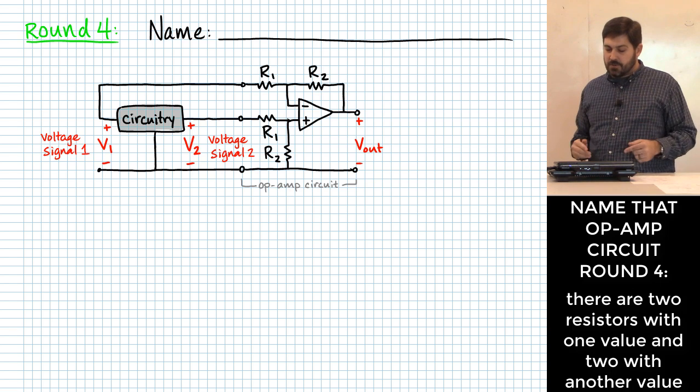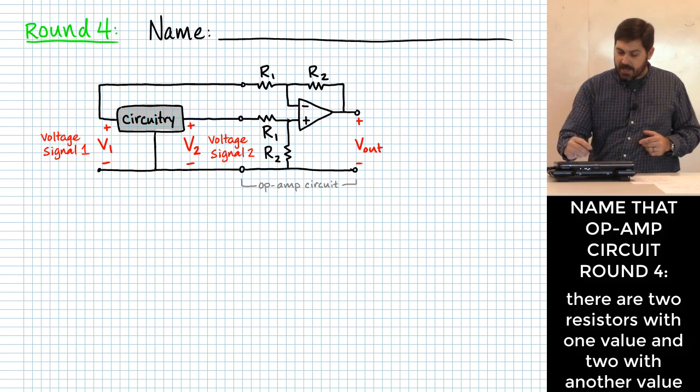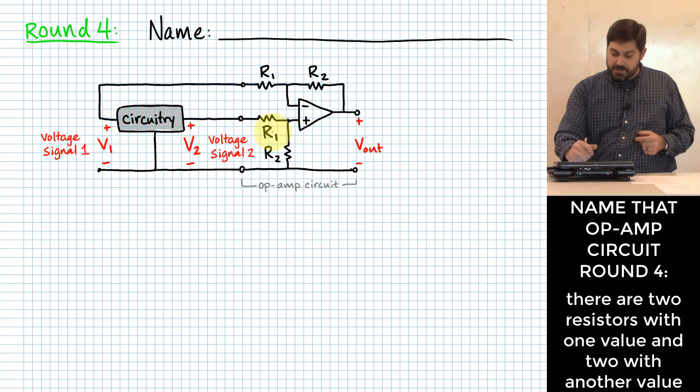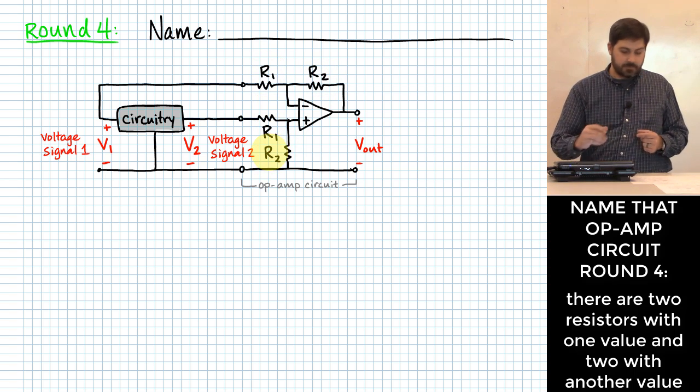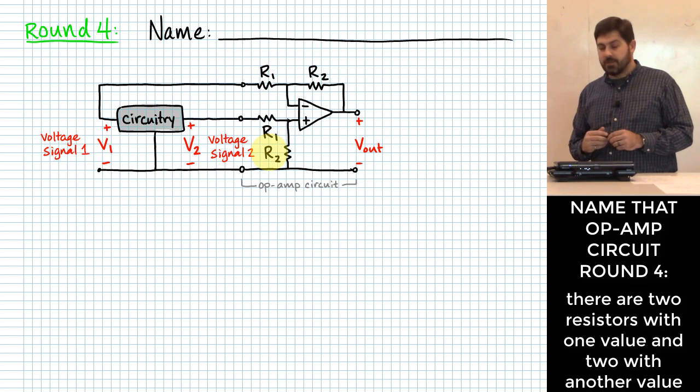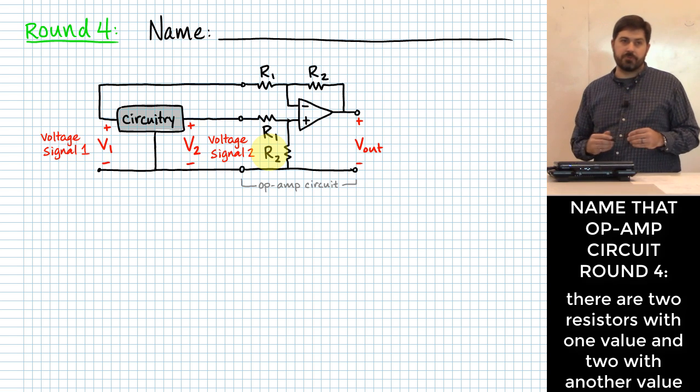It feeds into a circuit. This one does actually have differing values, only we only have 2 different resistor values, right? R1 and R2. But R1 exists in 2 places, and R2 exists in 2 places. Okay? And what we want to do is express what is V out in terms of my input voltage signals.